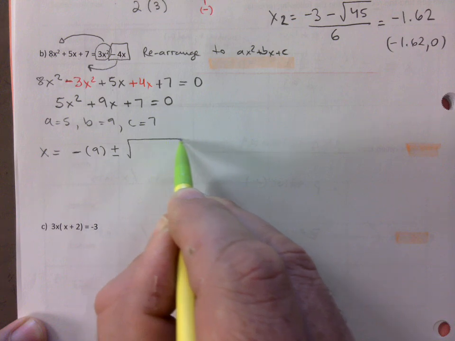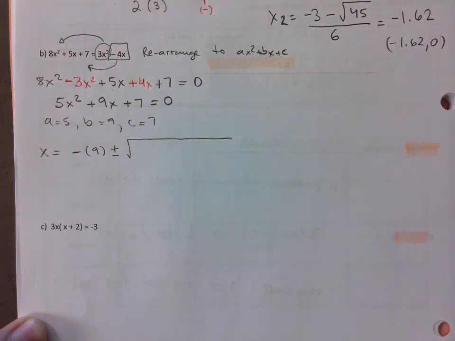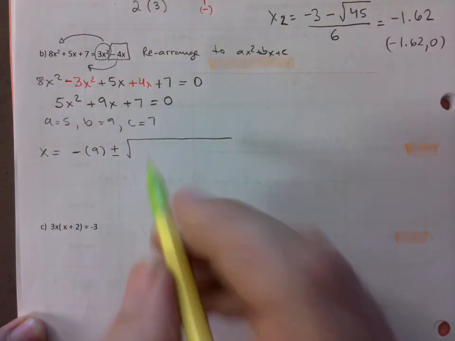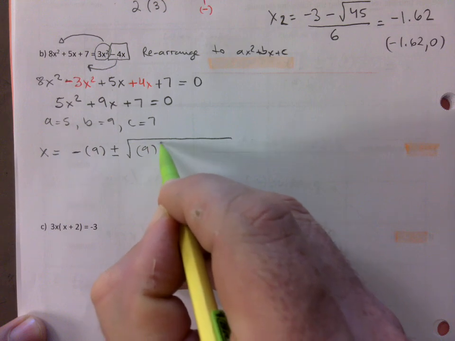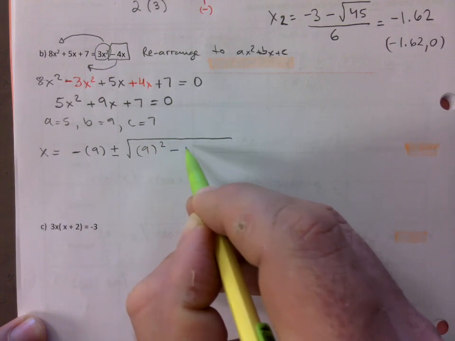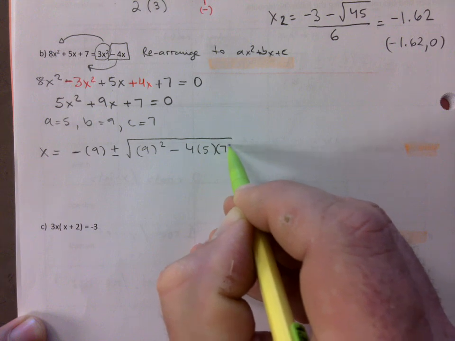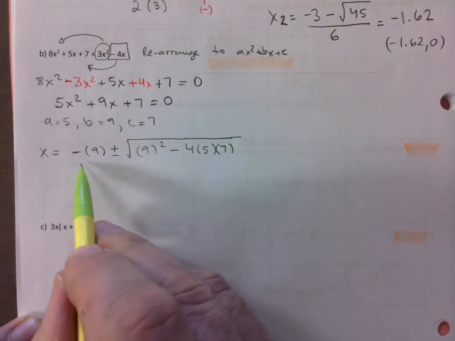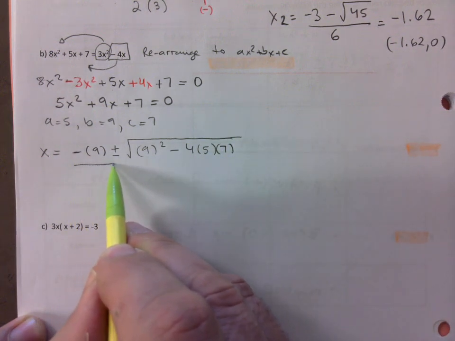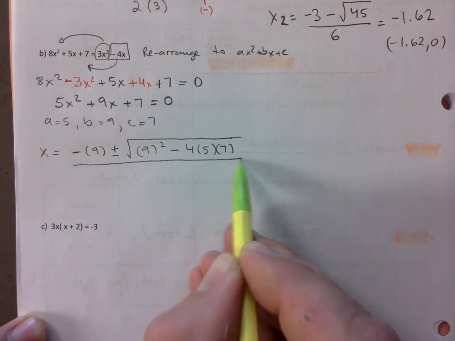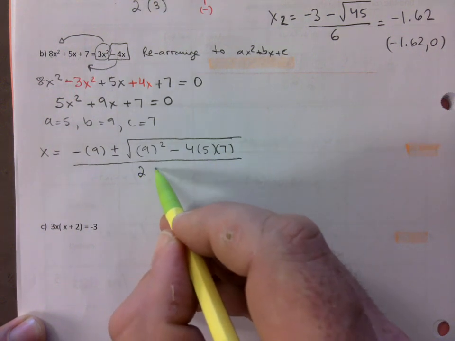So at this point, you would probably just look at your study sheet and follow the formula. B squared minus 4 times A times C. All of that, the whole thing, divided by 2 times A.